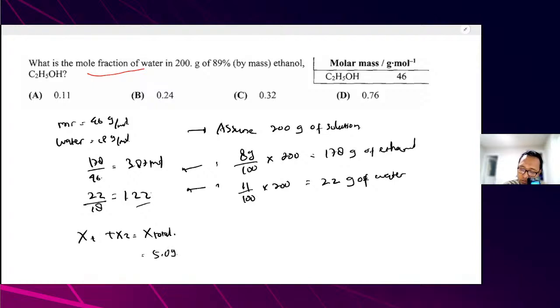So now what's the fraction of this one? Just use the formula, 1.22 divided by 5.09. So we have a fraction at the end, and it will be 0.239. So the answer will be B.